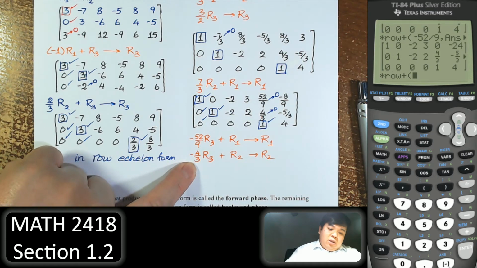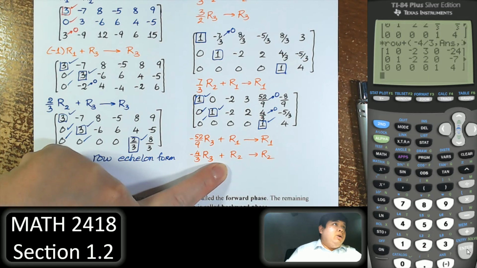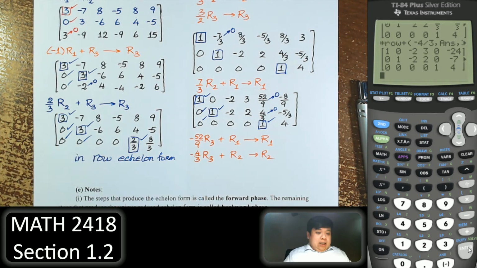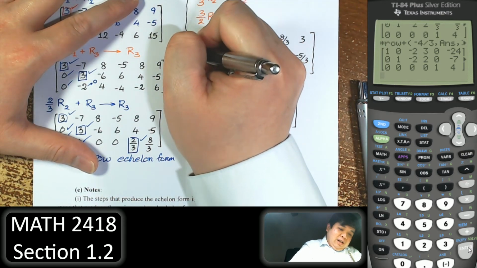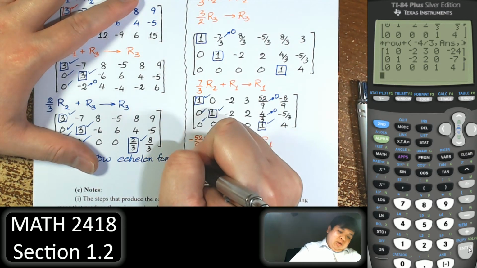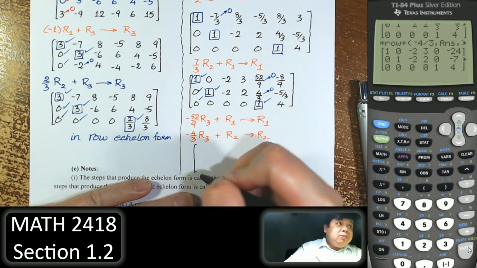Negative 4/3. Apply to the matrix. Multiply to row 3, add and replace to row 2. Right. Even though we have a bunch of fractions in the middle, now we don't have any more fractions. So that looks like a good sign.